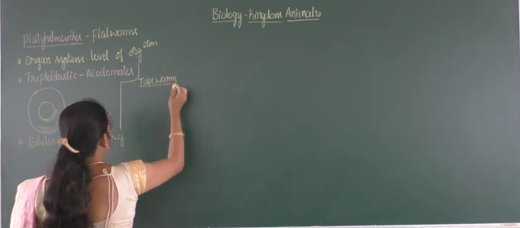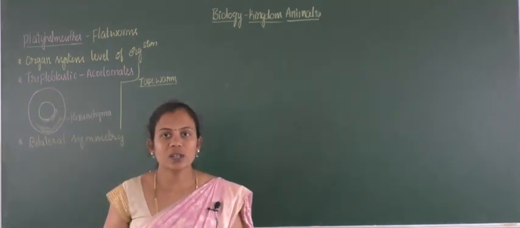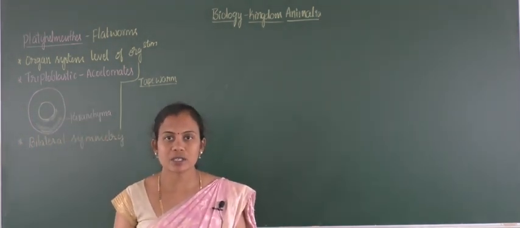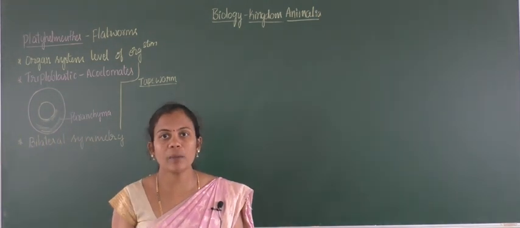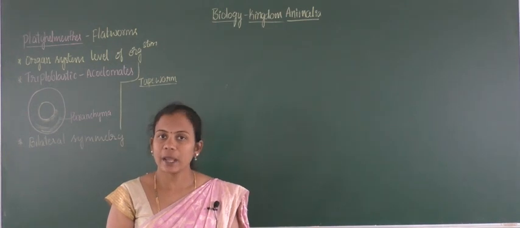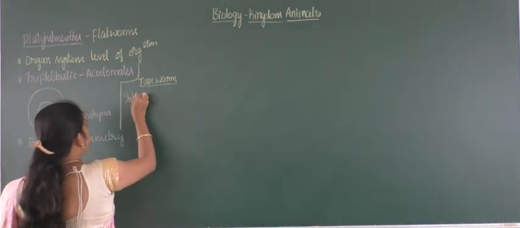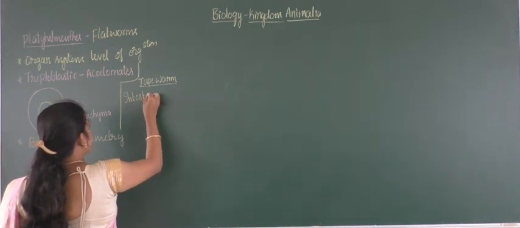Tapeworm. So why is it called tapeworm? As tailors use a tape for measuring purposes, in the same way, because of the tape-like appearance and resemblance, these are called tapeworms, and these are present in the intestine of humans.